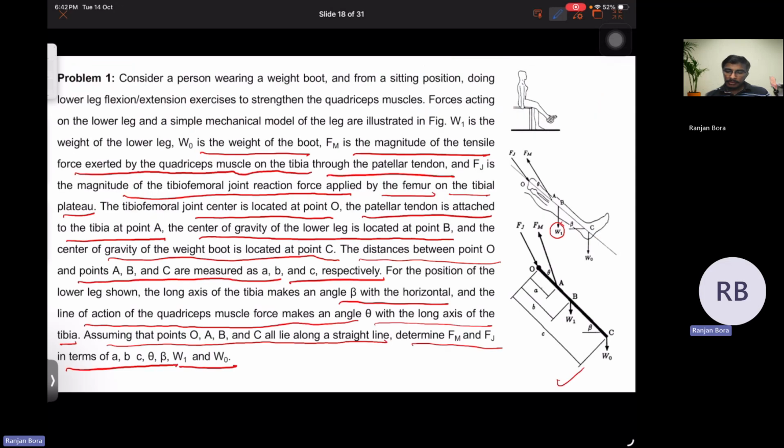See, in the question, we need to find this Fm and Fj in terms of A, B, C, theta, beta, W1 and W0. So we have studied about the equations of motion and equilibrium of rigid bodies. So we need to apply here the equilibrium of rigid bodies.